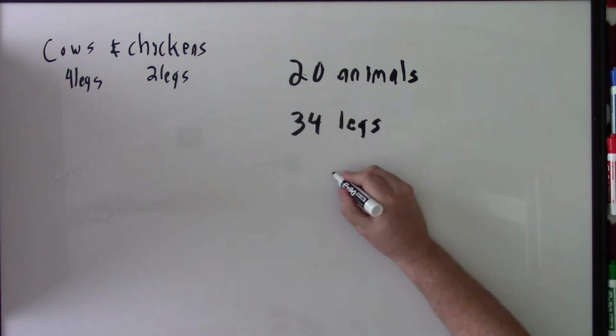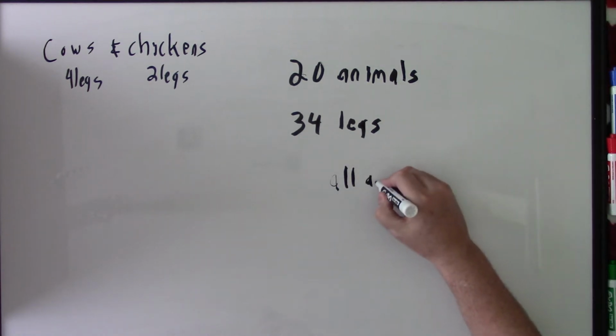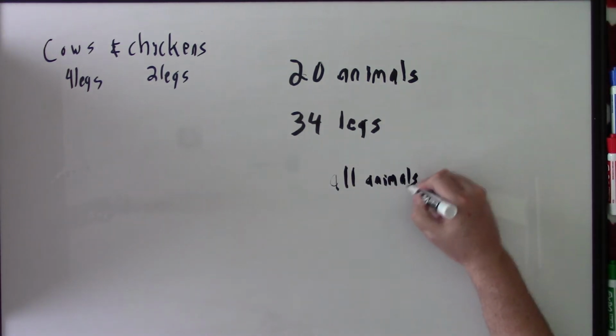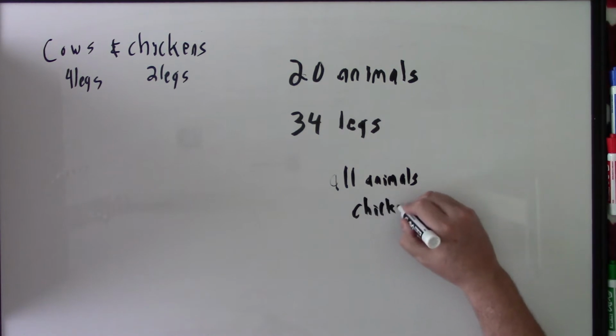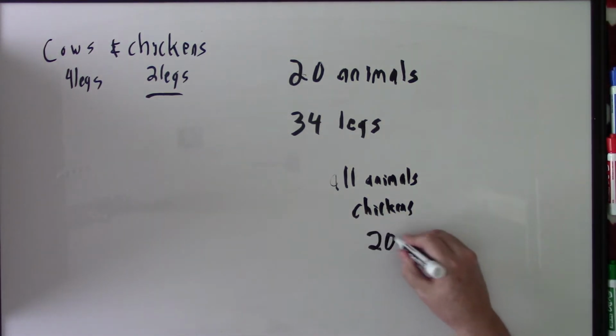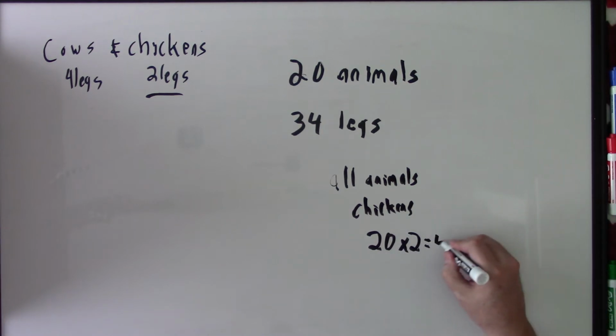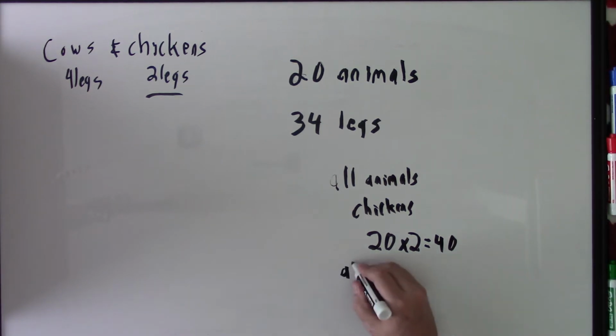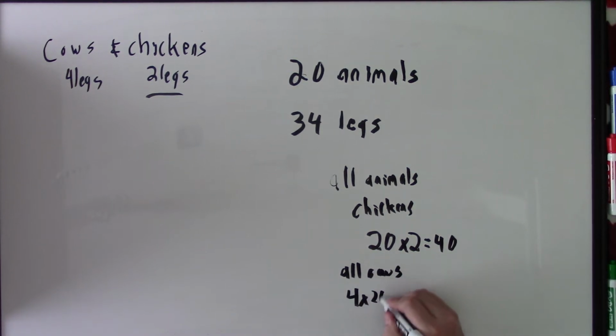Well, if I make all my animals chickens, which is the smallest number of legs, 20 times 2 is 40. So I need a minimum of 40 legs. Now if I make them all cows, 4 times 20 is 80.